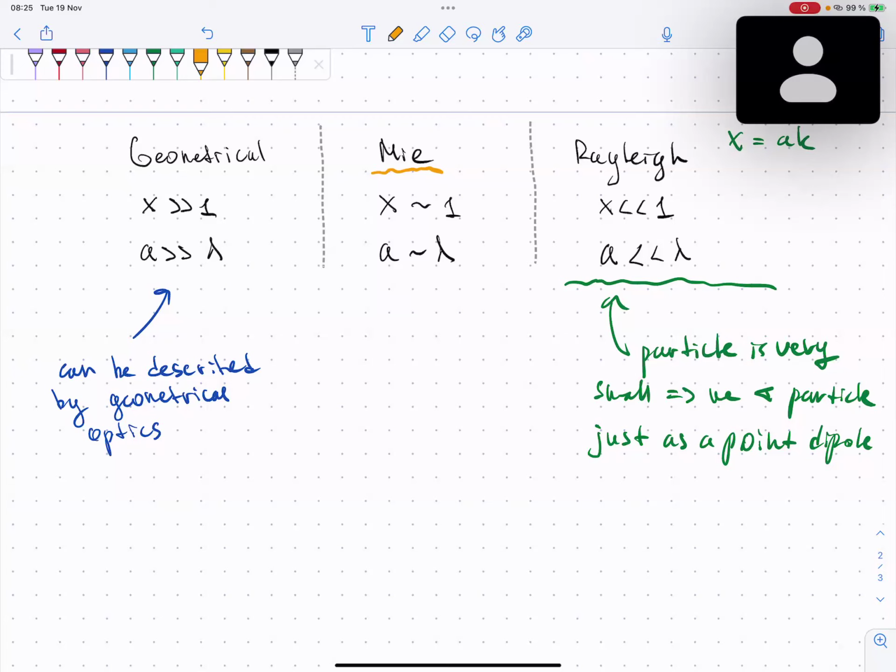We just said that there is some size, and this is why Mie theory can describe all three regions. This is a very important thing to remember, that Mie theory is a general theory of scattering.